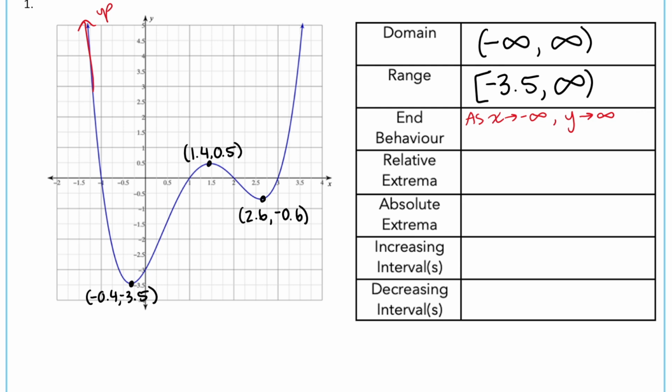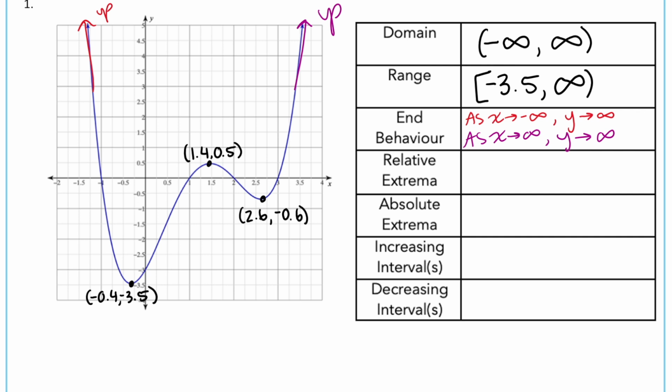Okay, let's do the other side as well. Also pointed up, so as x approaches positive infinity, or as I look at the right end of my graph, y is also pointed up, so it goes to positive infinity.